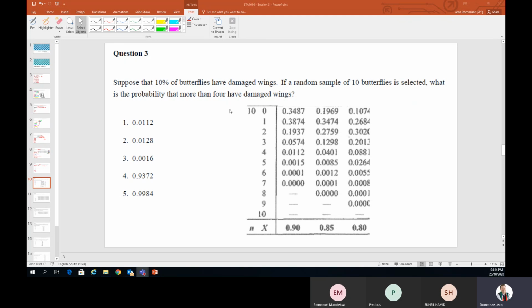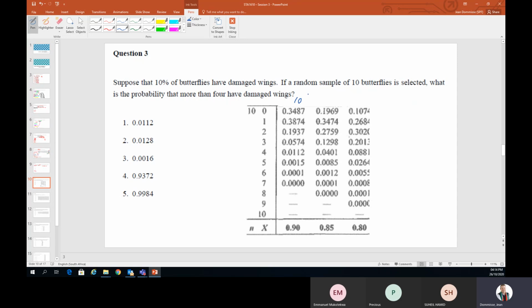So I think what is interesting here, and I've nearly wanted to show you, is that sometimes the table at the bottom has the 90, the 85, the 80. So if that is at the bottom, it basically means that at the top it is 10%.